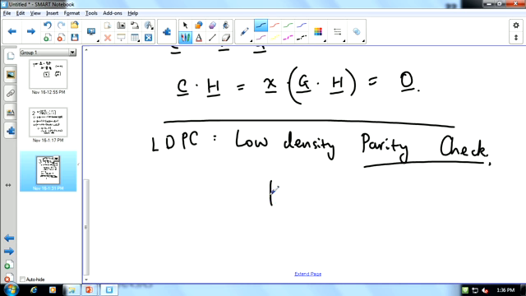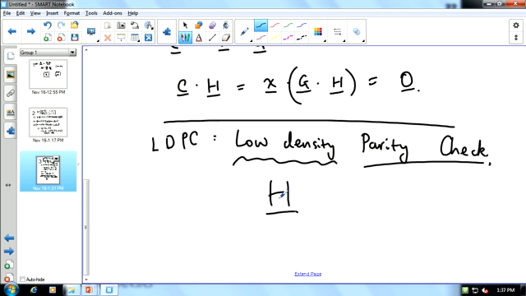So if you look at the name, actually it's defined based on this parity check matrix, okay? And the low density here means for this particular parity check matrix, there are a lot of zeros compared to the number of ones, okay? So the basic idea is on each row of this parity check matrix, we will only have a few ones. And if you look at every column, we will also just have a few ones.